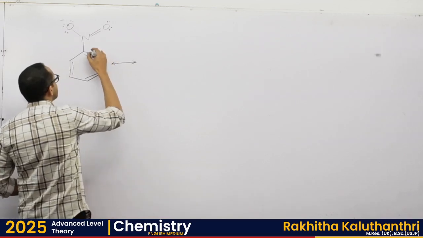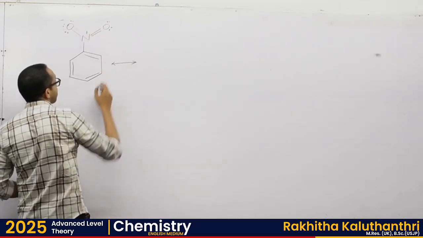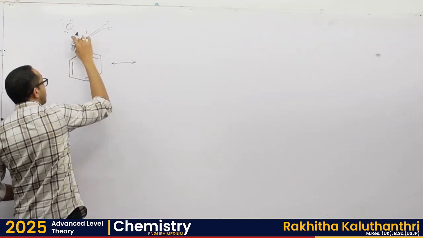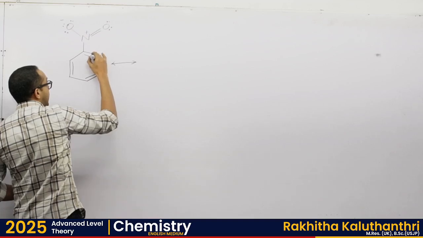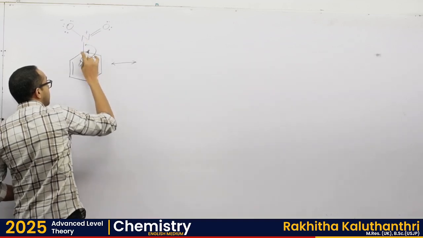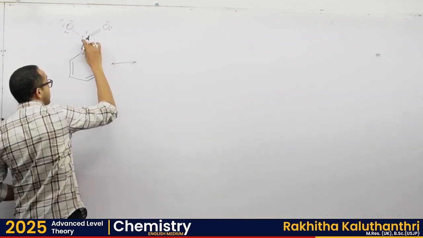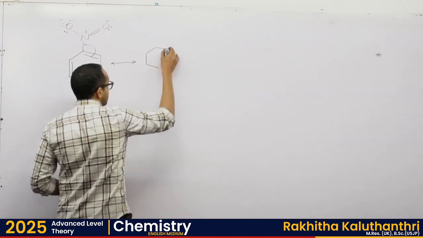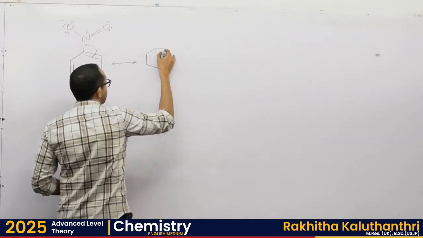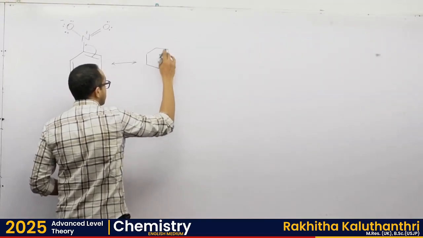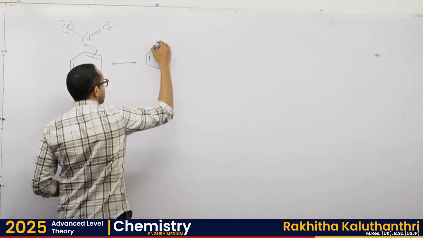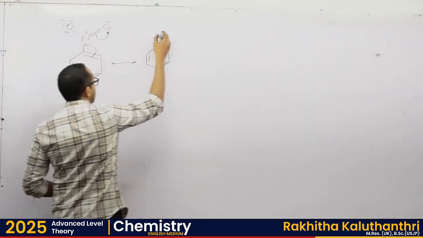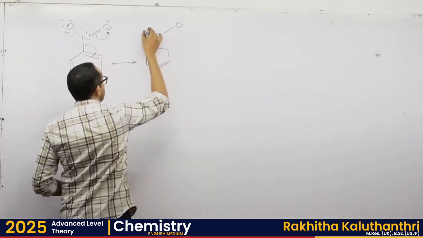Example, we can see this here. Now take a look at this, students. This is a nitro group. Nitrogen is positive. We can have the benzene ring's 2 electrons come here, forming a double bond between carbon and nitrogen, resulting in this structure. Nitrogen here, and then this bond will break and give its electrons to oxygen.